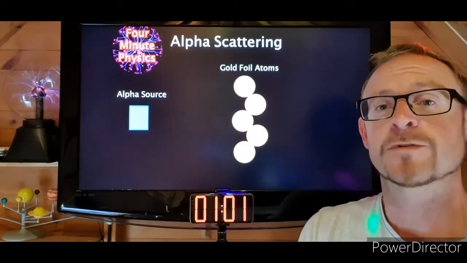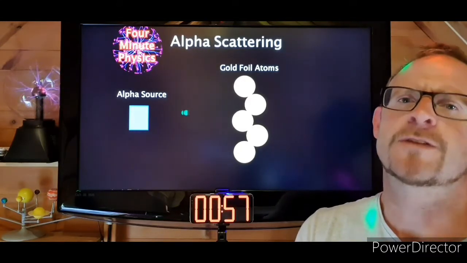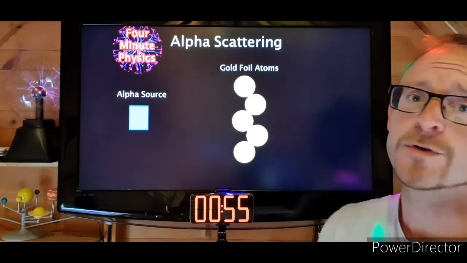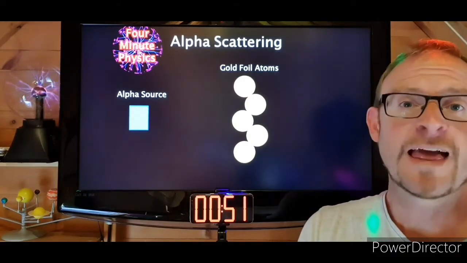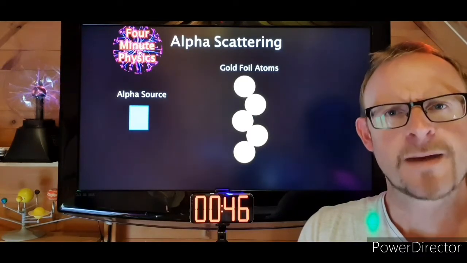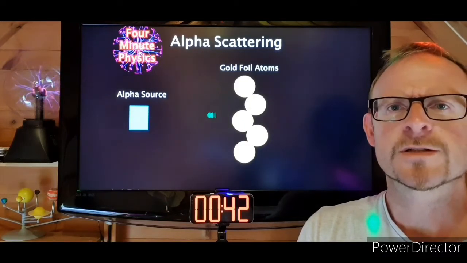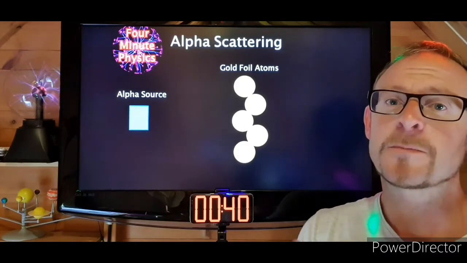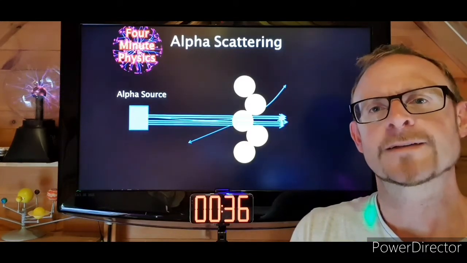Now the alpha particles were fired at this gold, and what was recorded was that most of these particles would just go straight through the gold. But every now and again, one would deflect and take a slightly different path, and some even bounced straight back. So when we were recording these results, it was interesting to see the percentage of how many just went straight through and how many were deflected.